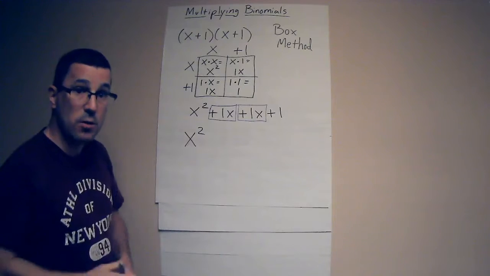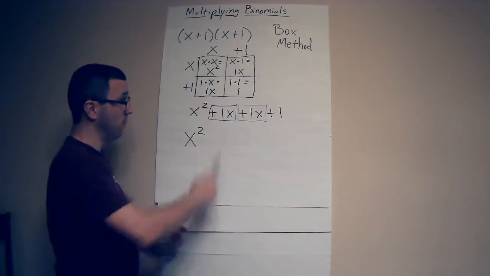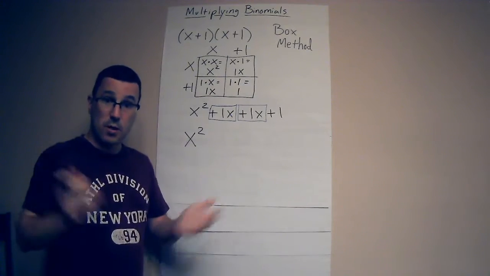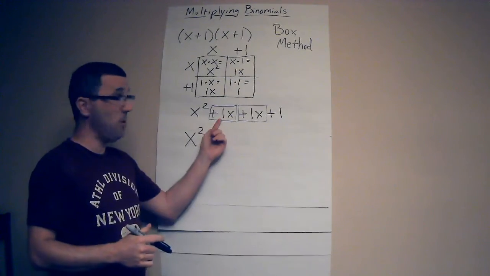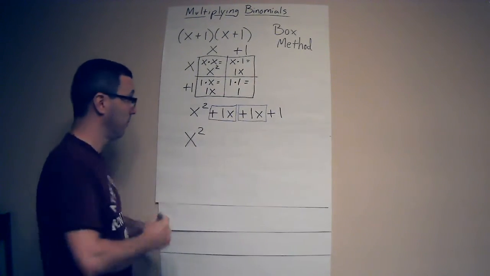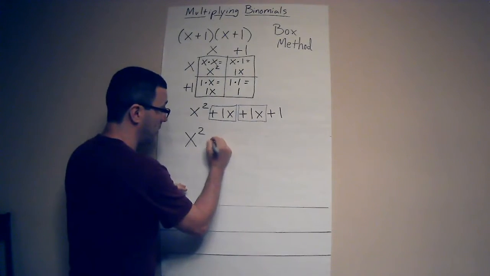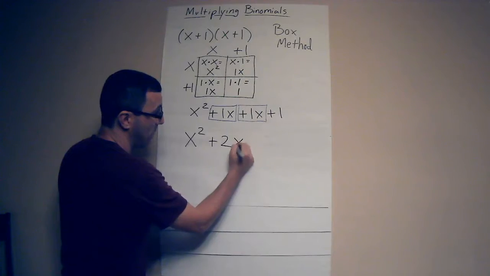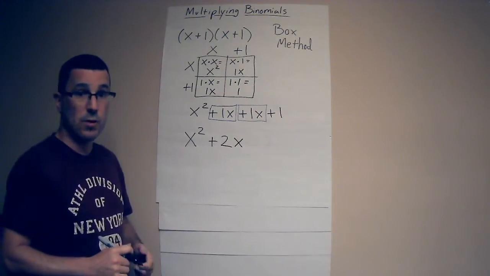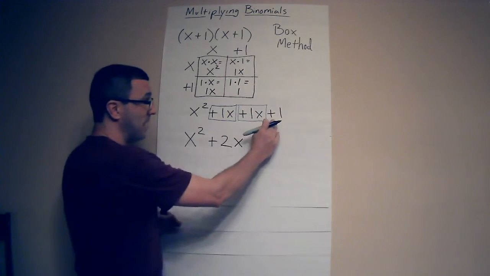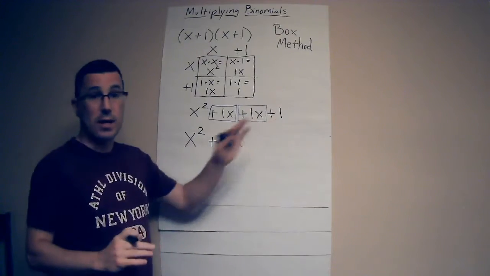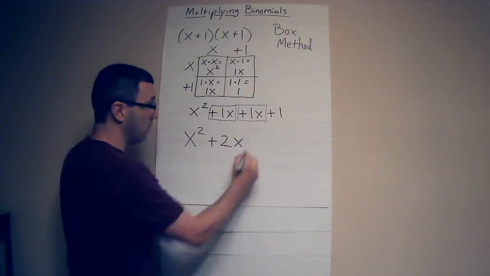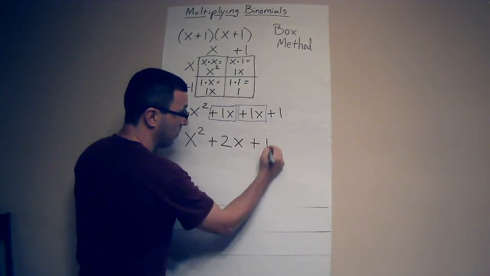So what I'm going to do is I'm going to combine the coefficients, 1 here and 1 here, and I'm going to combine them together. So I have here 1 plus 1 is 2, and then I'm just going to write the variable afterwards. Okay? Lastly, I've got this plus 1, and there's no other, just constants, so plus 1.